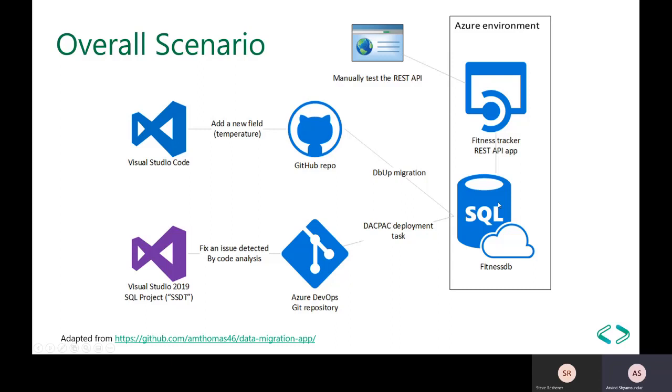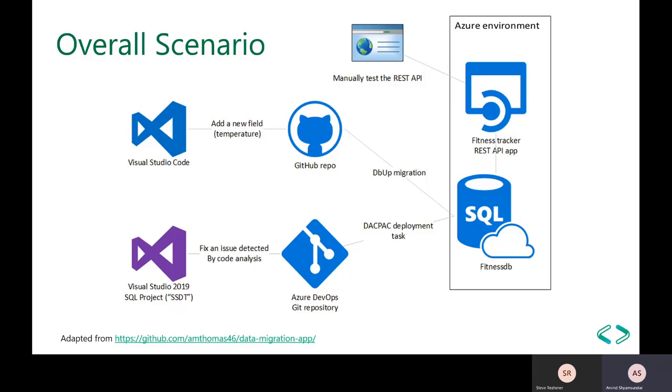And for the second demo, I'm going to use this thing called a DAC pack. Some of you, again, might be familiar with DAC packs. DAC packs are these artifacts that are produced by tooling like Visual Studio, which is essentially a zip file. It's basically a zip file with a copy of your database expressed as a database model. It's not a set of SQL scripts.